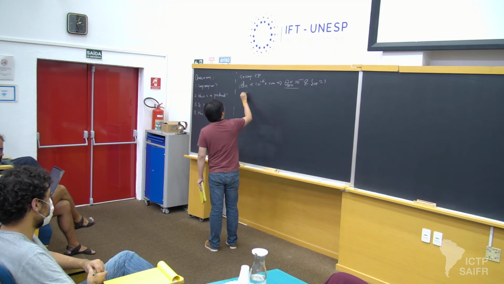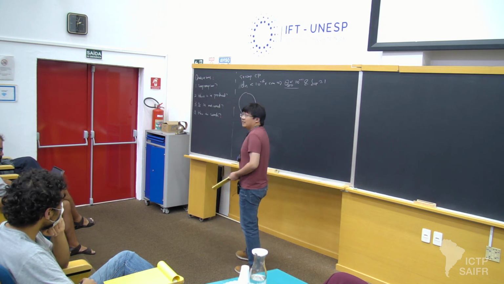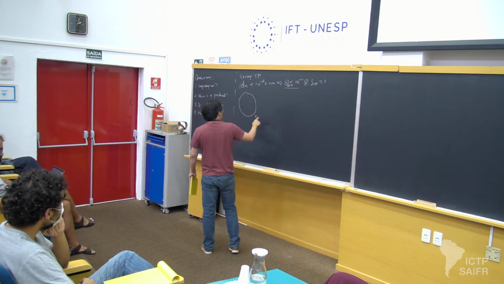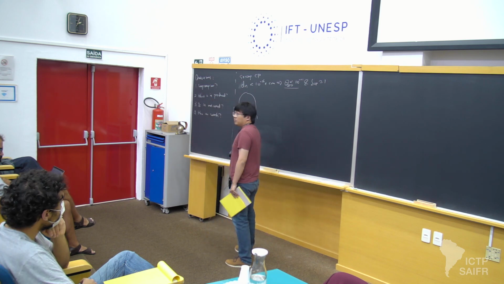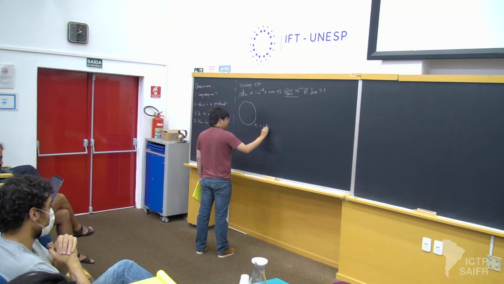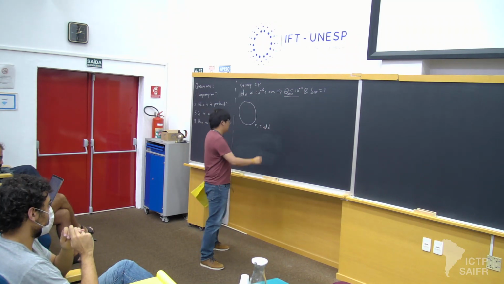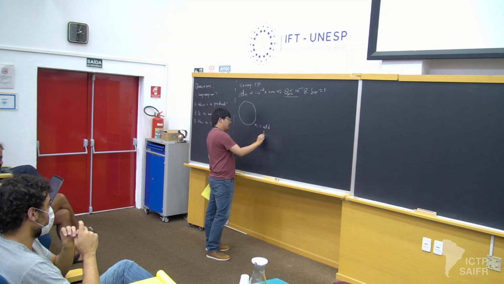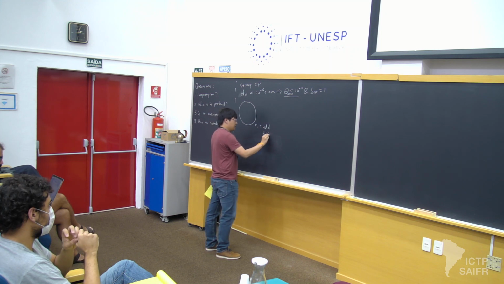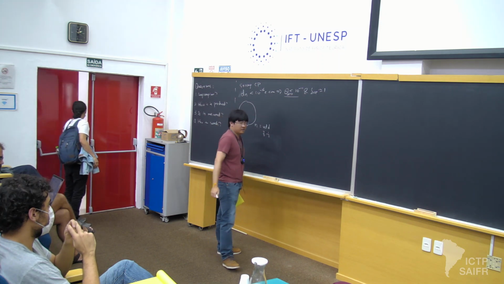Okay? So let me draw a neutron. The neutron is charge neutral, meaning it has one up quark and two down quarks, right? The up quark has charge 2/3, and each down quark has charge minus 1/3.